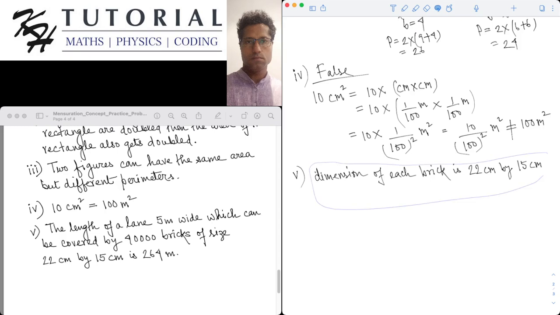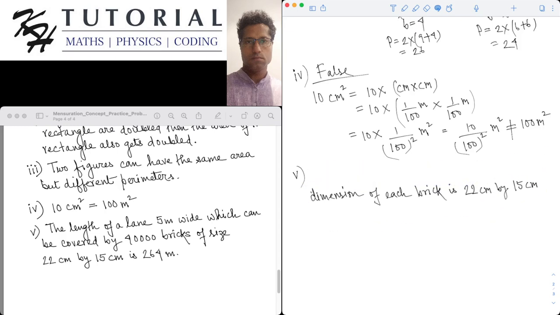So basically, the area of 40,000 bricks, where the dimension of each brick is given, has to be the same as the area of the lane 5 meter wide and some length, and that length we have to find.